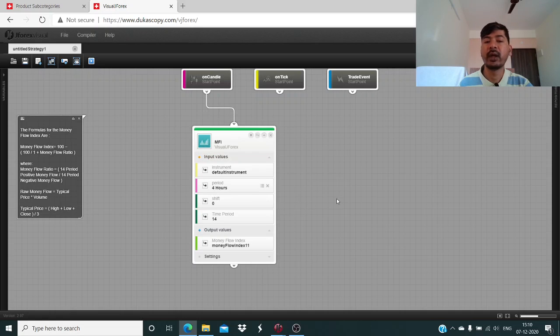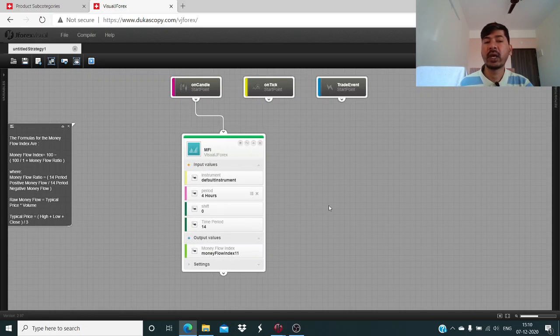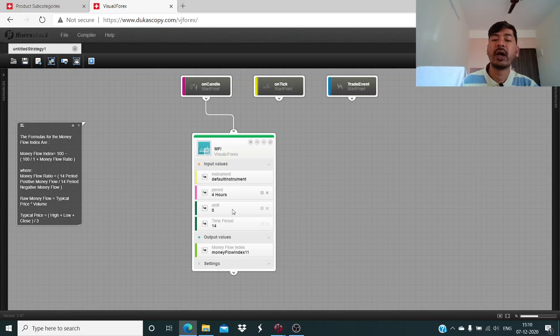Shift is the look back period. Whether you want to take into account the current data or the historical data, the retrieval of the value for any particular period of time can be done using this parameter. So you have to change these values accordingly.